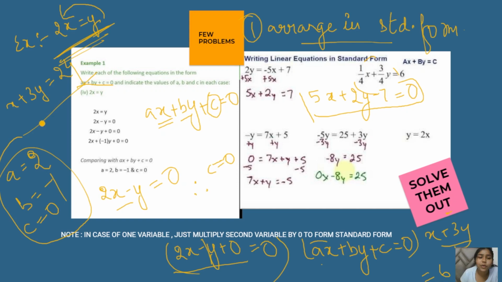So what we have to do now is shift all the variables and all the constants to the left side of the equation. This is a mantra kind of thing. You just have to remember this. You just have to arrange in a standard form, and for that you put all the values on the left side of the equation so that it becomes similar to the standard form.